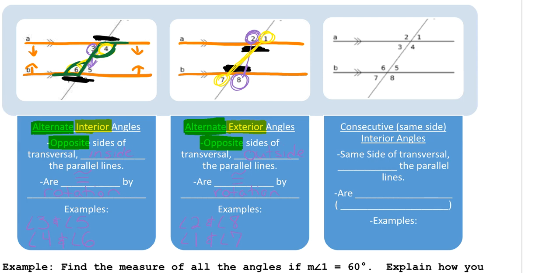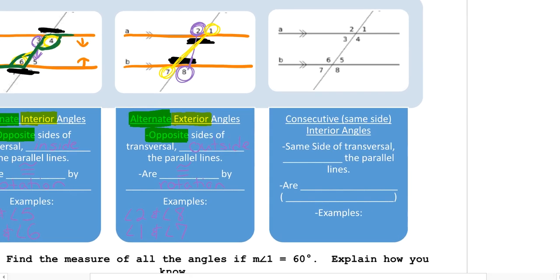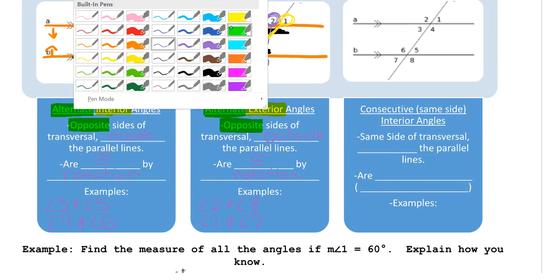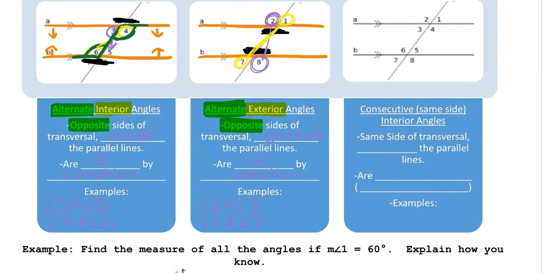All right, and our last angle relationship is consecutive same side interior angles. So consecutive basically means same side. It's going to be on the same side of the transversal. And then interior, as we talked about already, means that it's going to be inside the parallel lines.